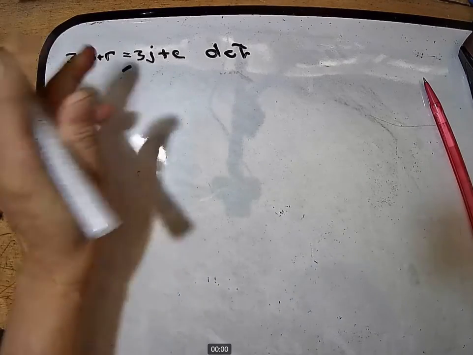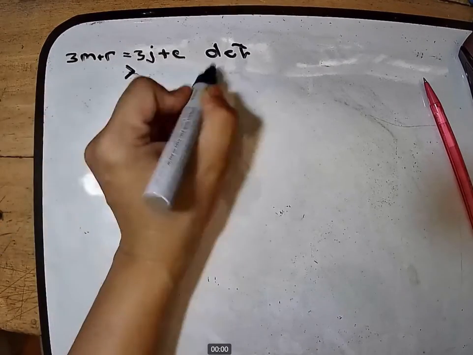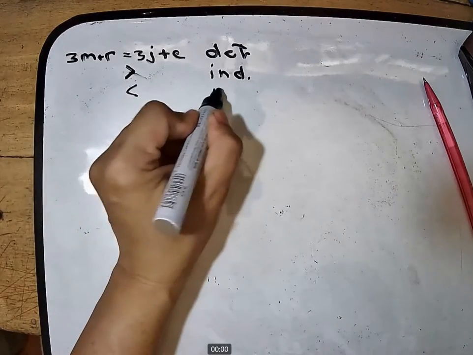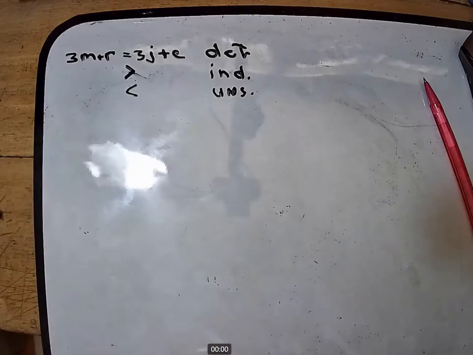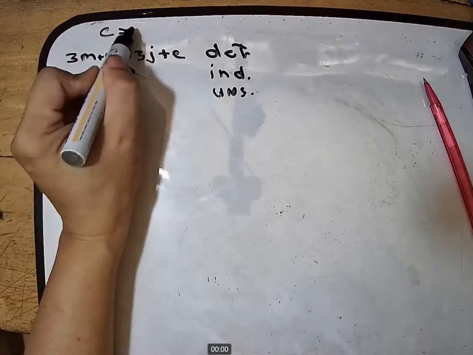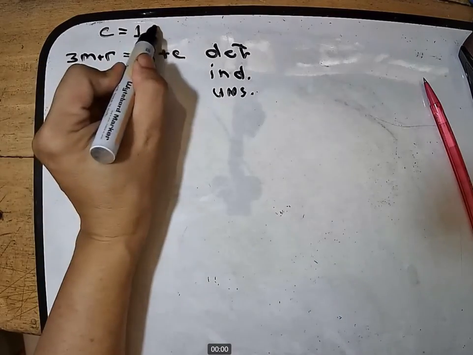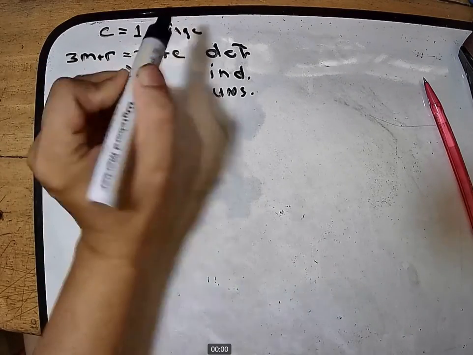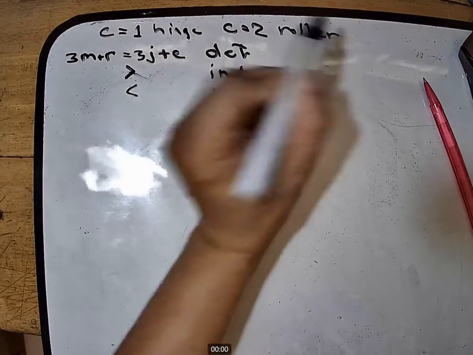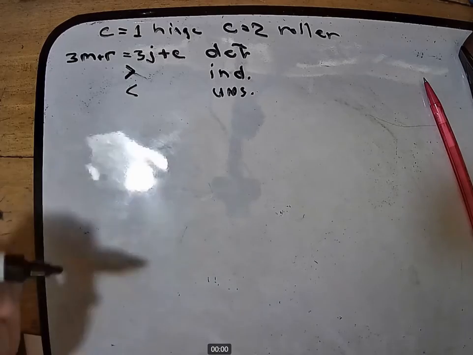If greater than, it is indeterminate. If less than, it is unstable or it is a mechanism. Remember that c is equal to 1 for hinge and c is equal to 2 for roller. If none, then it is 0.